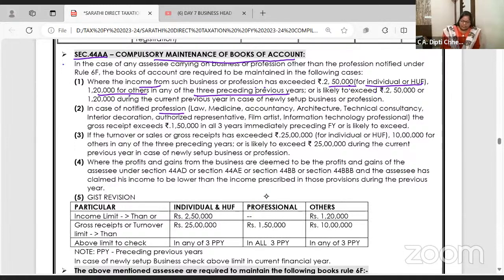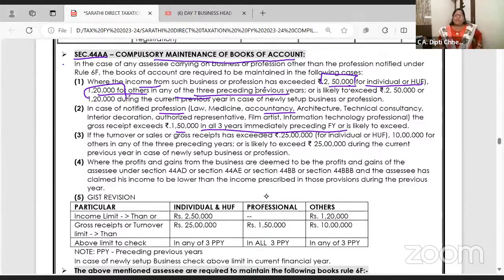Now, if you are a professional, lawyer, doctor, chartered accountant, interior decorator, and so on, then you have to maintain the books if gross receipts in all the 3 years exceed 1,50,000. Here, the income exceeds 2,50,000 or 1,20,000 in other cases in any of the 3 years.